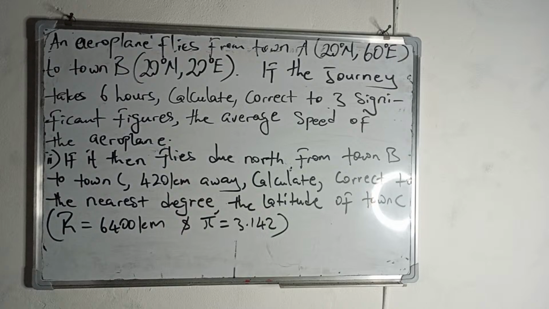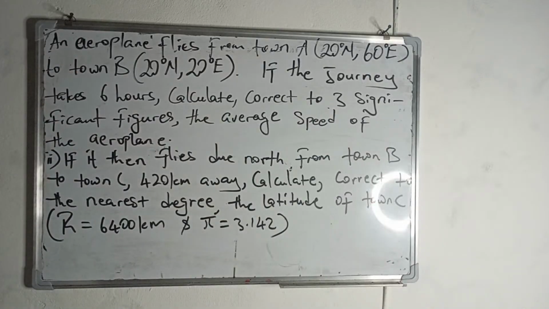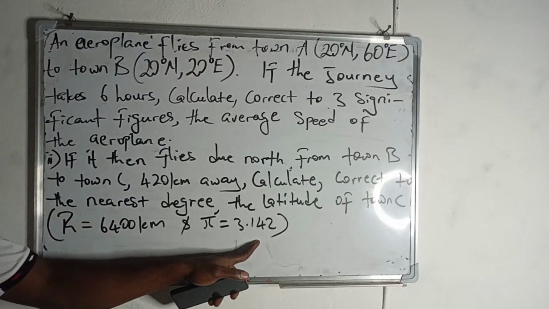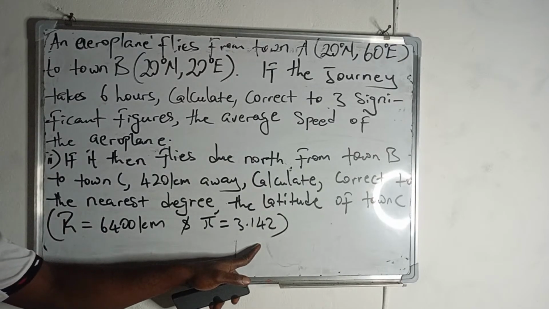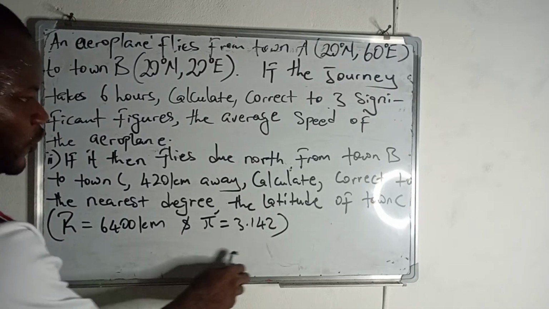So you follow up by looking at the question as it's solving because of space. Next time we won't be suffering this at the Majestic Tutorials. Please bear with us. Remember, pi here is 3.142. Don't use 22/7. So you work with what you have tomorrow.